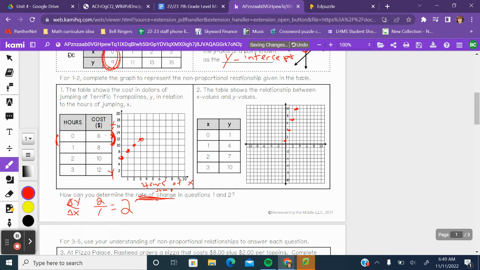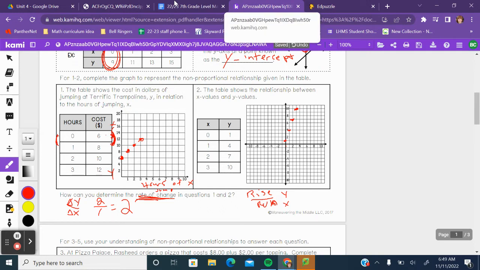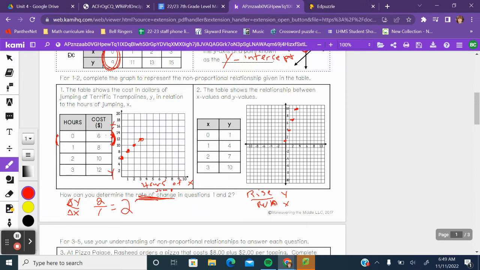Look at that. There's another way you can find rate of change, and it's called rise over run. Remember, rise is the Y, run is the X. Here we see if I go up from this point to this point, I'm going up 1, 2, 3.